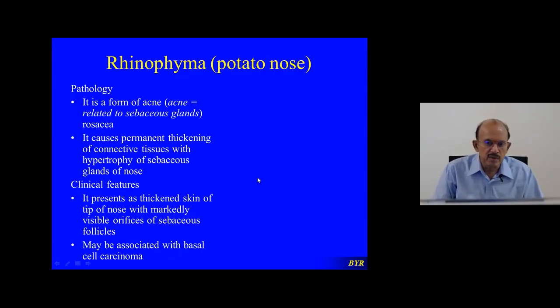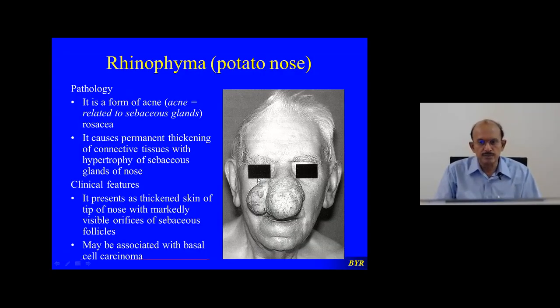It may be associated with basal cell carcinoma. You can see here there is enormous thickening of the skin of the tip of the nose. So this is all due to connective tissue thickening. This is because of a type of sebaceous adenoma. So this is a premalignant condition. This can become basal cell carcinoma.